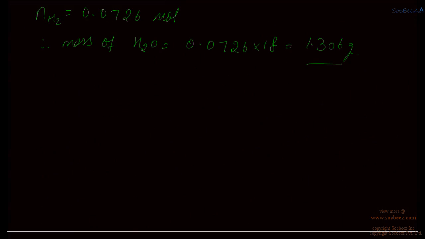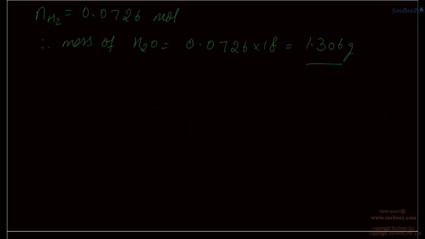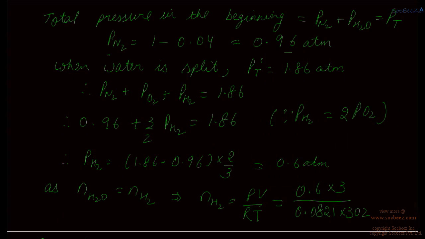Okay. Now if we look at the solutions very closely, it looks perfect, but there is an error, and the error is that the pressure of one atmosphere is no doubt the pressure of N2 and H2O vapors, but the electrolysis is done only to H2O.